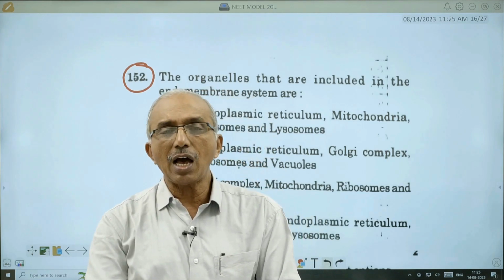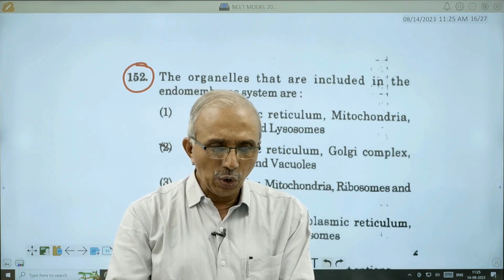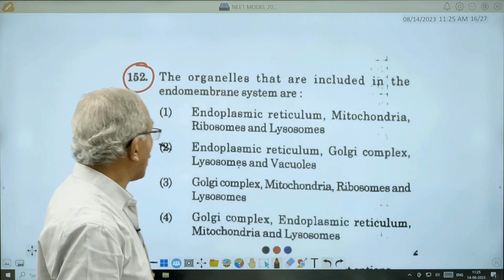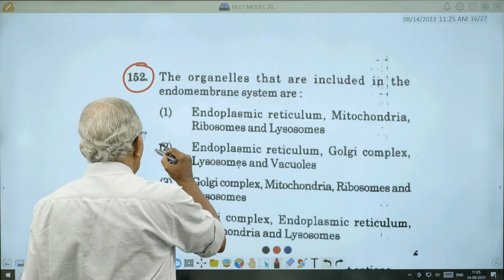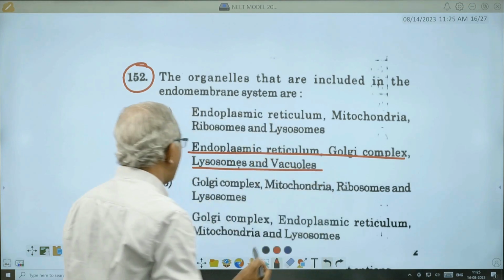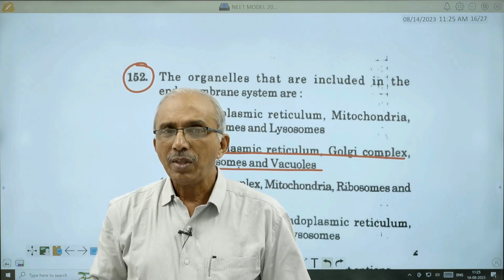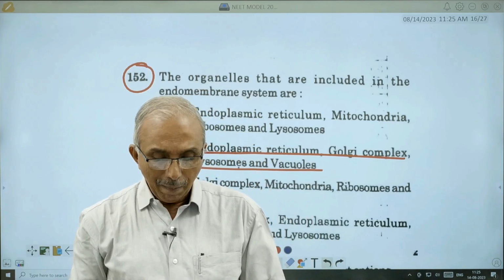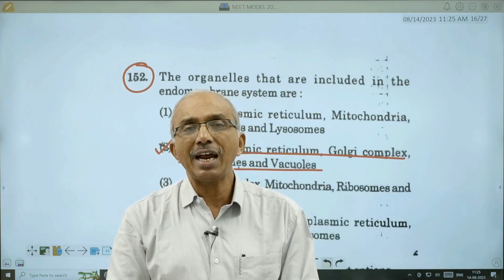Four cell organelles are included in the endomembrane system. They are endoplasmic reticulum, Golgi complex, lysosomes and vacuoles. The endomembrane system consists of single membrane bound cell organelles with a coordinated function.